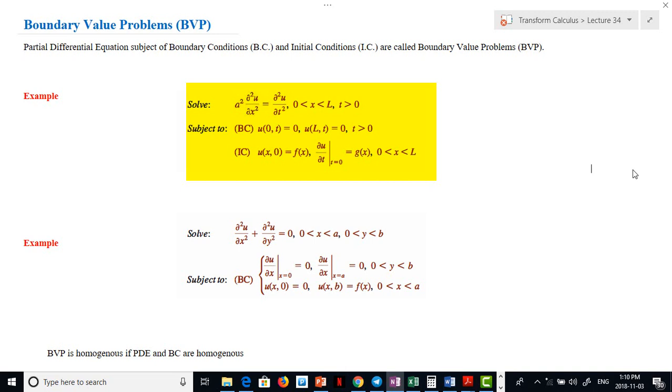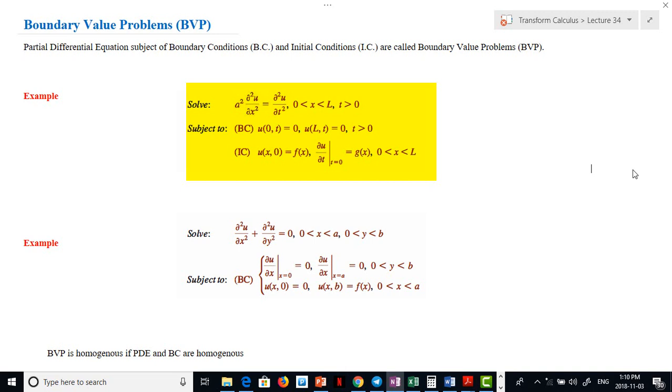It's not the heat equation, because in the heat equation we have the second derivative of u with respect to x equal to the derivative of u with respect to t. This equation is just a partial differential equation. We're going to talk about it later. But it's a boundary value problem.